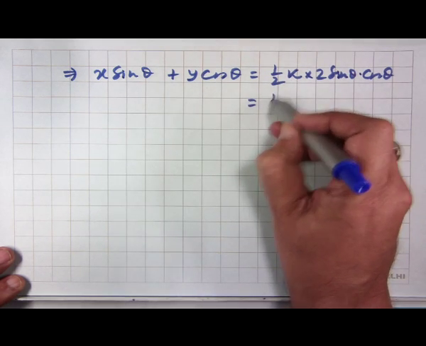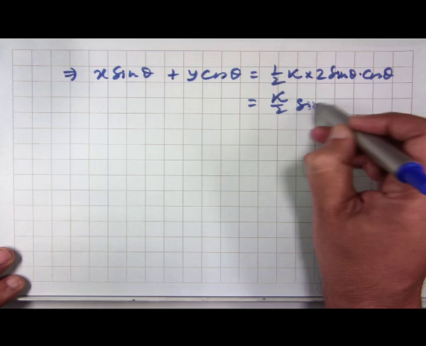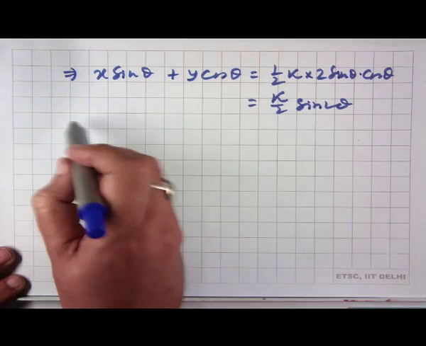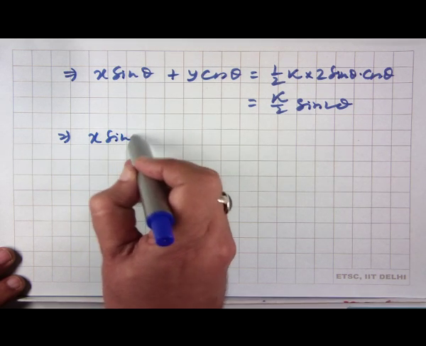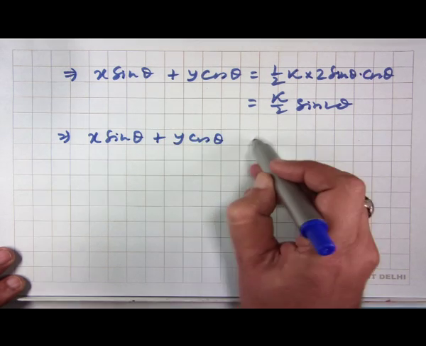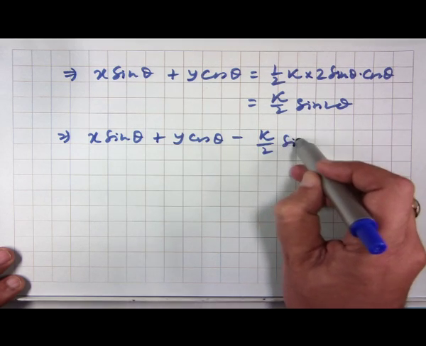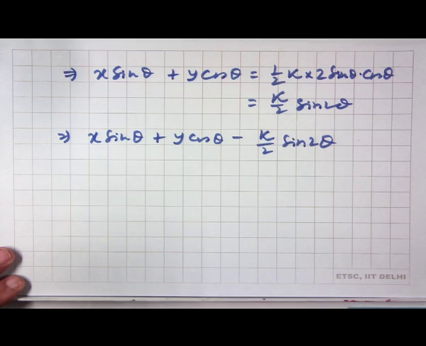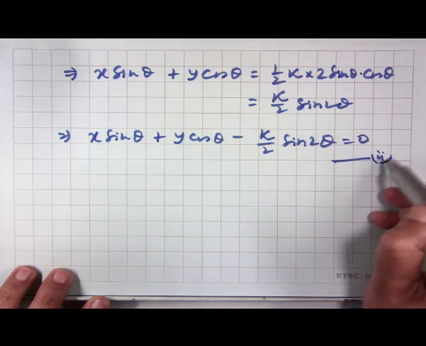So this is k by 2 sin 2 theta. We can write it as x sin theta plus y cos theta minus k by 2 sin 2 theta equal to 0. Say this line is 2.